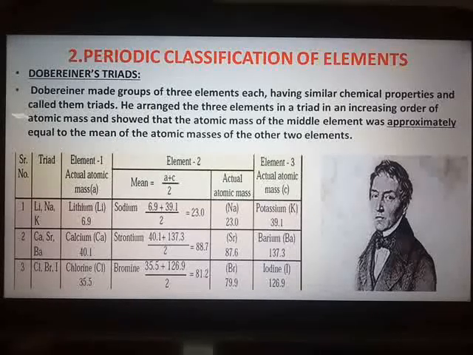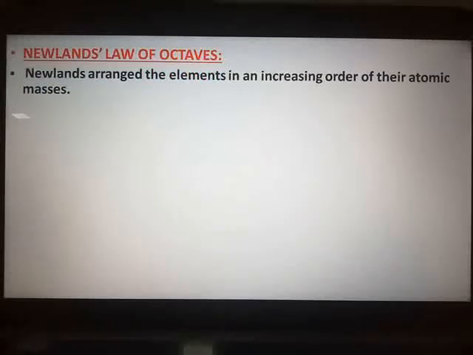So the next scientist was an English scientist, Newland, who came up with his next classification known as Newland's law of octaves. He also correlated the atomic masses of elements to their properties, but in a different way, and in the year 1866 he arranged the elements in an increasing order of their atomic masses.